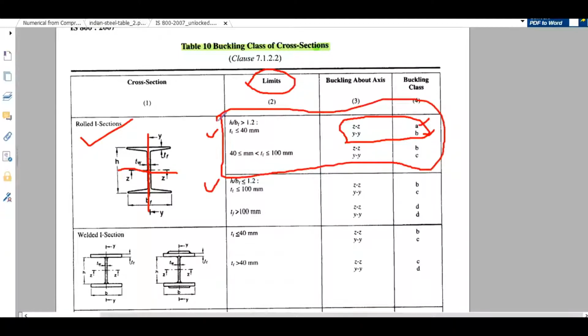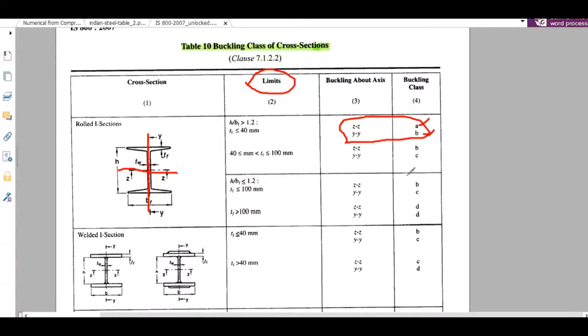Okay, in this case, if the slenderness is less than 40, then this one, and if it is more than 40, then this one. Right. So in our case it is less than 40, so we have to go for this case.